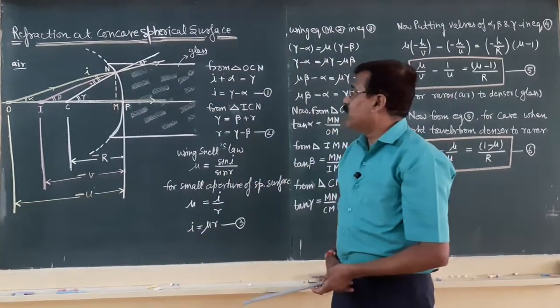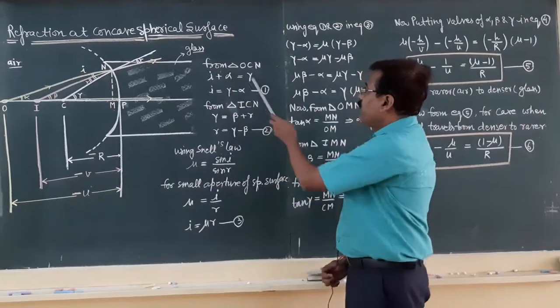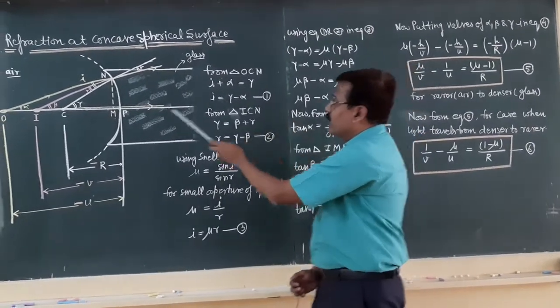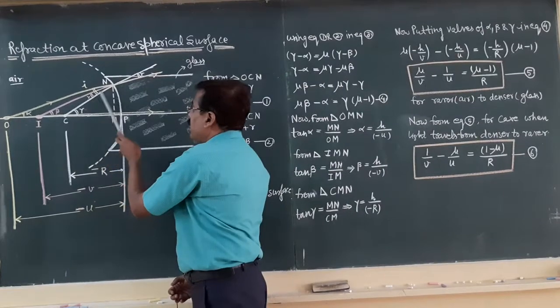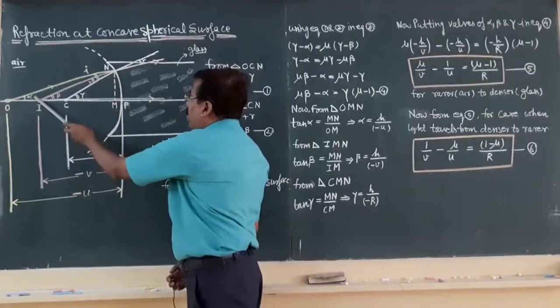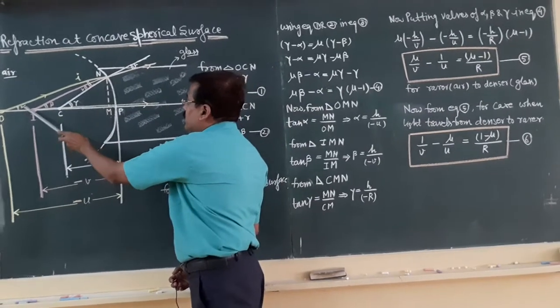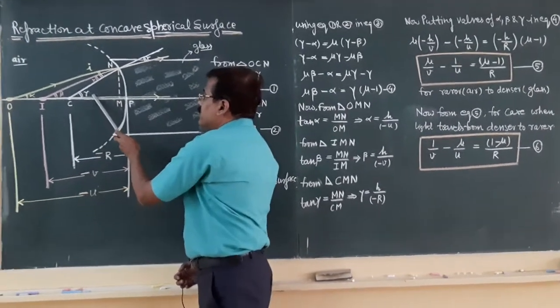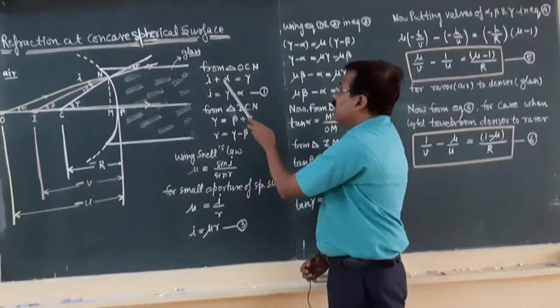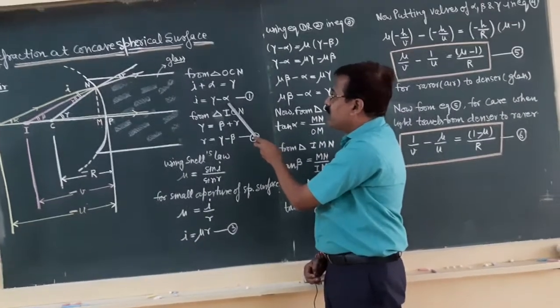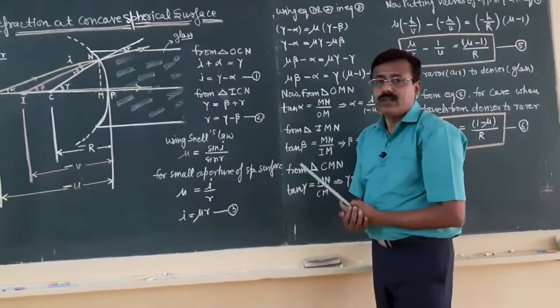Very clearly you can see in the diagram in the triangle OCN, the sum of alpha and i will be equal to gamma because these two are interior angles, this is the exterior angle. So, i plus alpha is equal to gamma. So, i is equal to gamma minus alpha, equation number 1.